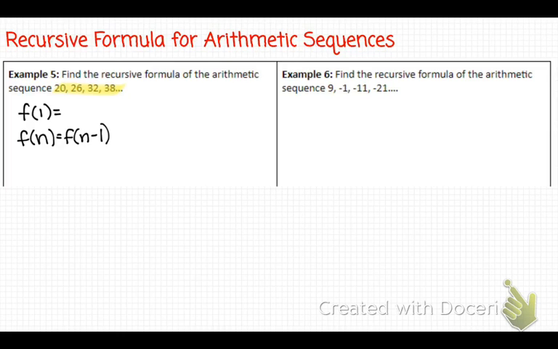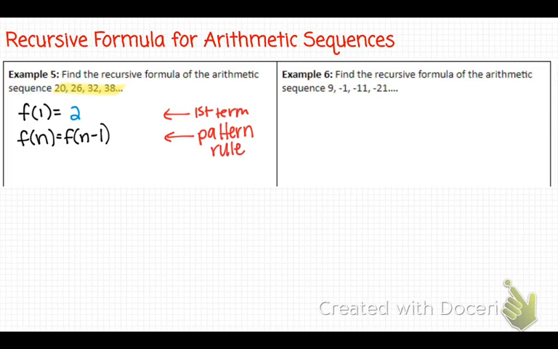Okay. What is f of 1? What does that tell me I need to find? The first term. And what about the second line? What does that one tell me? I need to find my constant value, which we call our pattern rule, okay? So, what is my first term? 20.